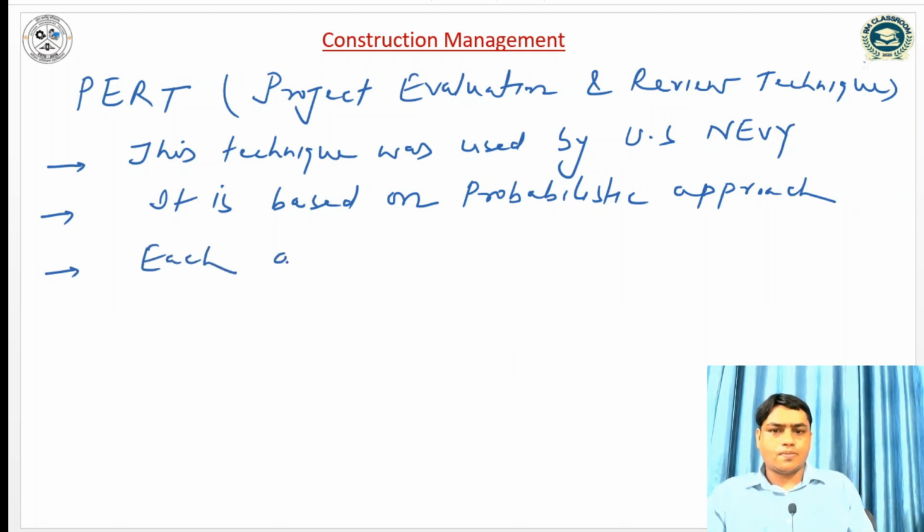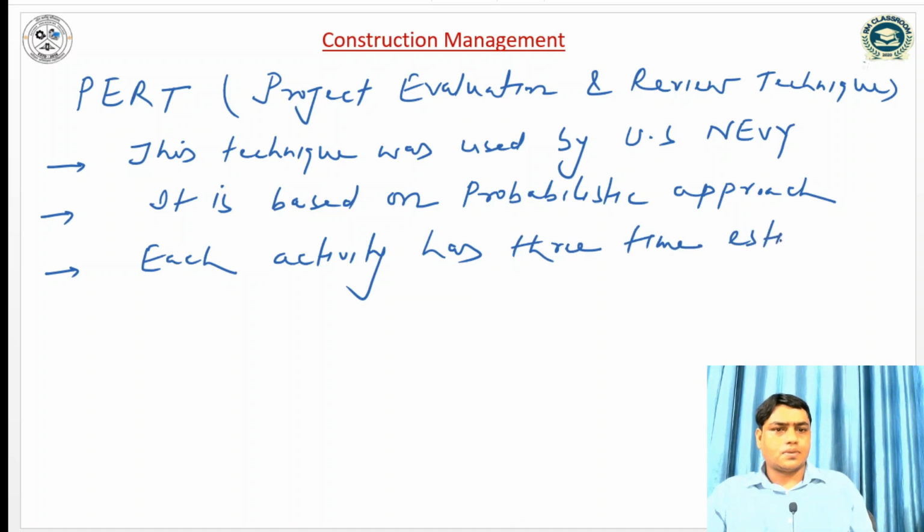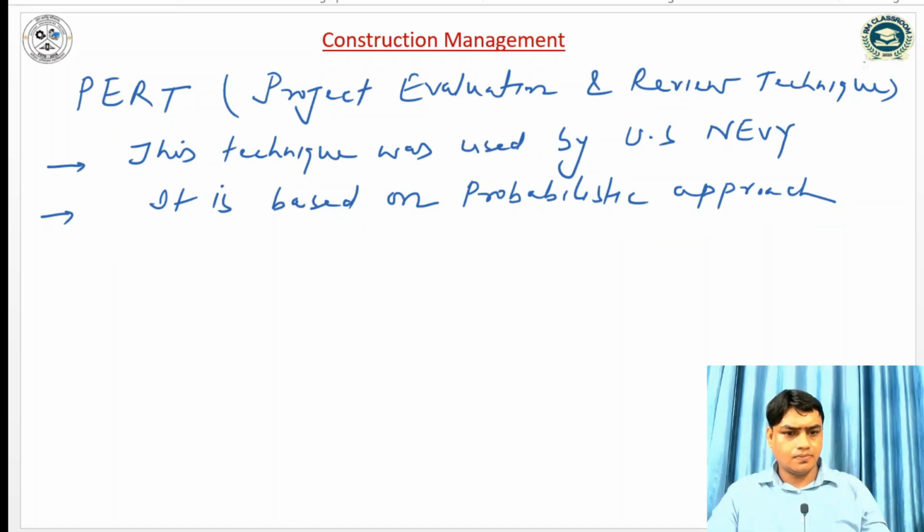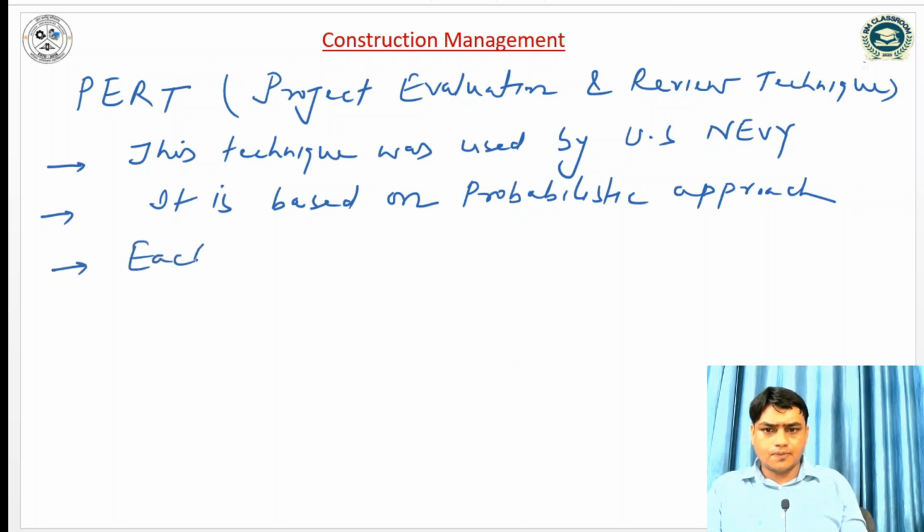Each activity in PERT has 3 time estimates.